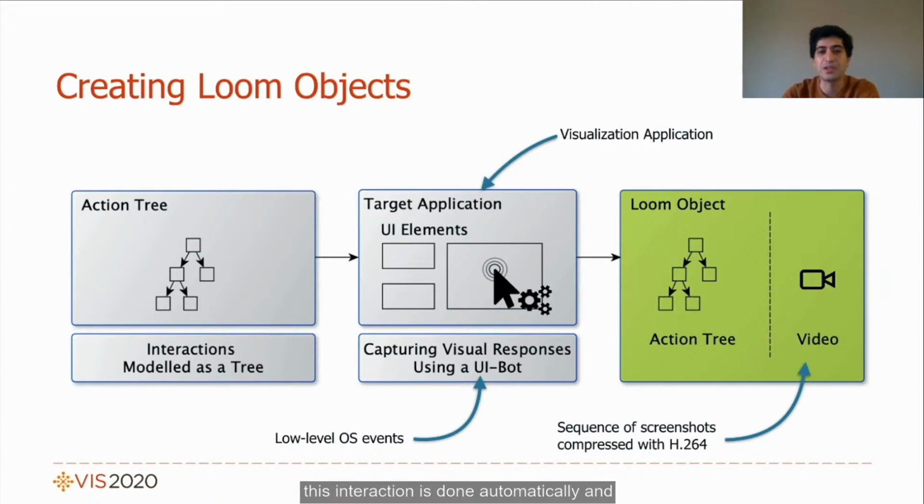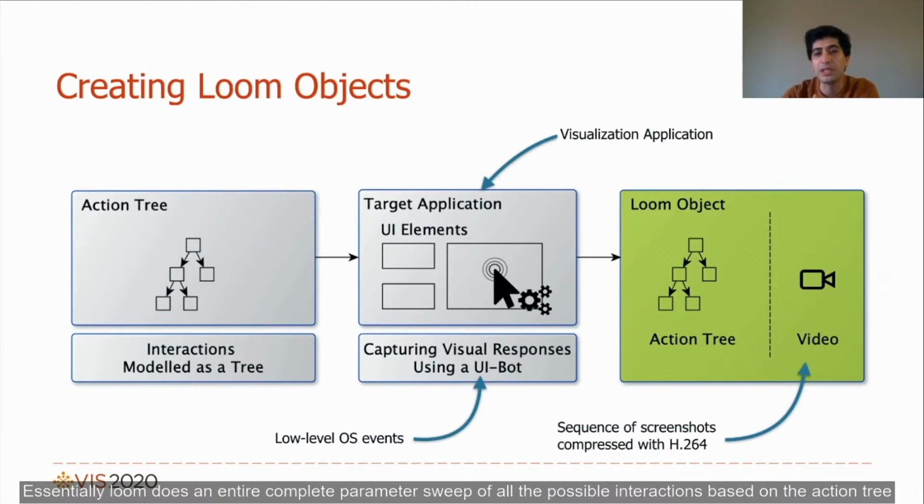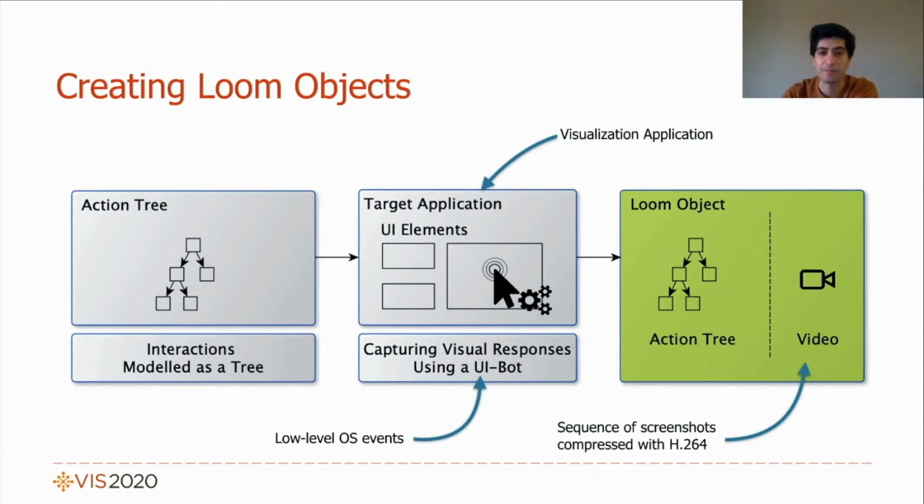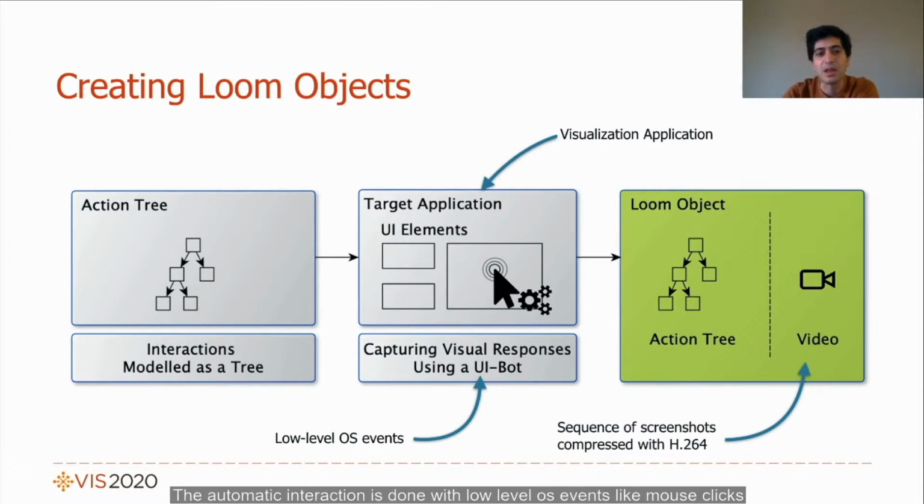This interaction is done automatically, and essentially Loom does a complete parameter sweep of all the possible interactions based on the action tree and stores and saves the visual responses as screenshots along the way. The automatic interaction is done with low-level OS events like mouse clicks.